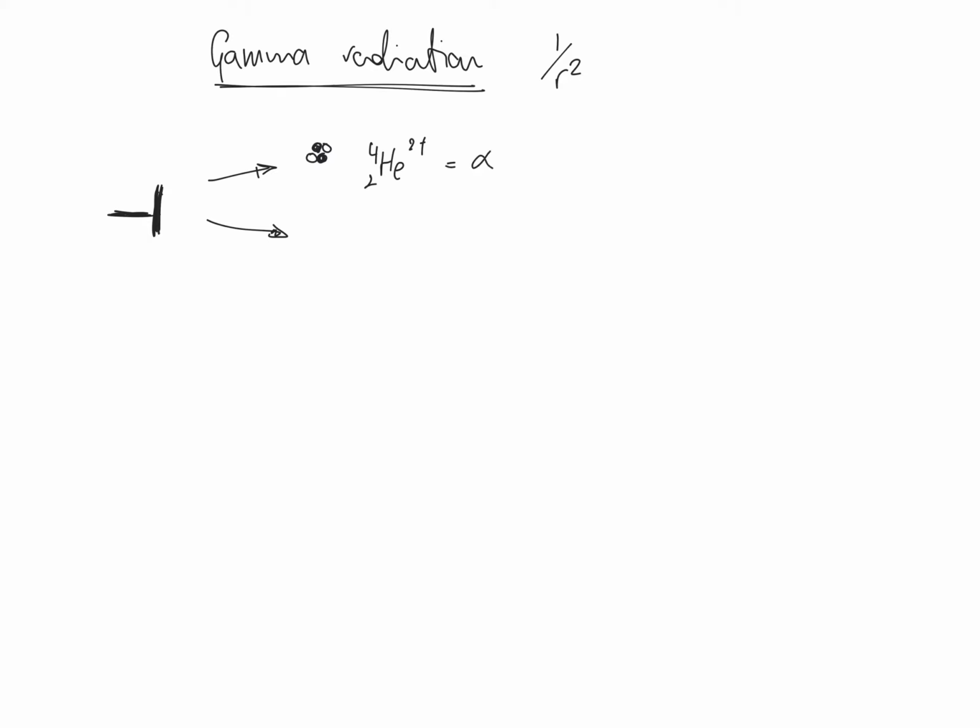One would be a fast-moving electron, which is beta, we'll call it beta negative. The other is a very high energy electromagnetic ray, which is gamma radiation. And of course, this is an electromagnetic wave, so therefore it's subject to the inverse square law.